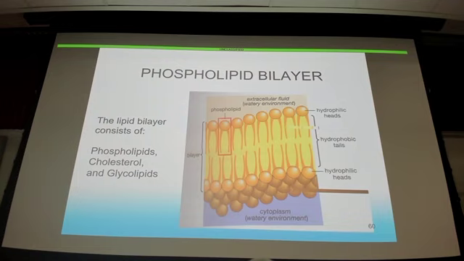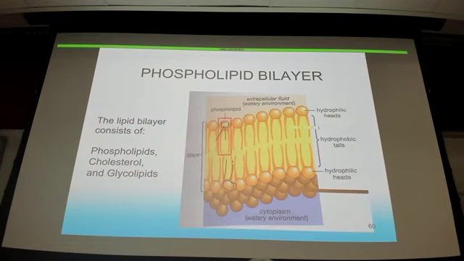So here's your phospholipid bilayer again. Remember, this is just part of the plasma membrane. You're going to have phospholipids lined up, and they face opposite directions. Here are the heads, here are the tails.